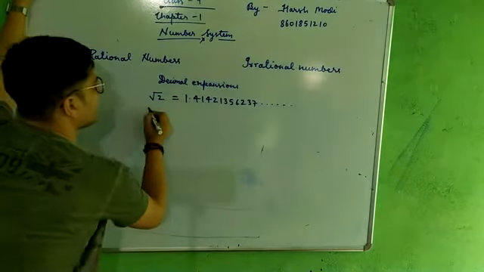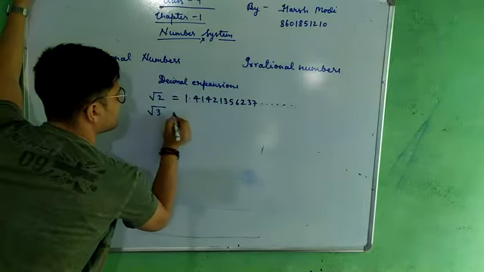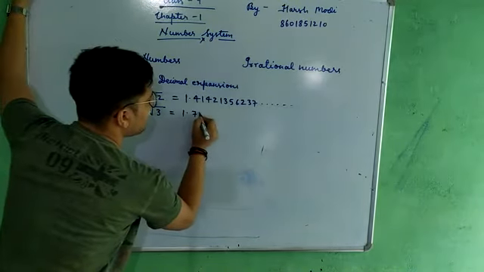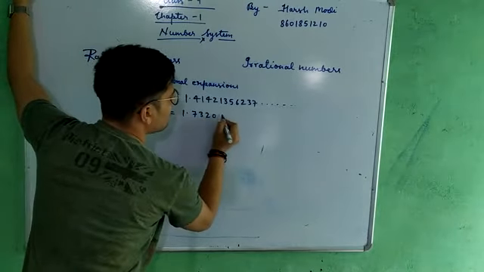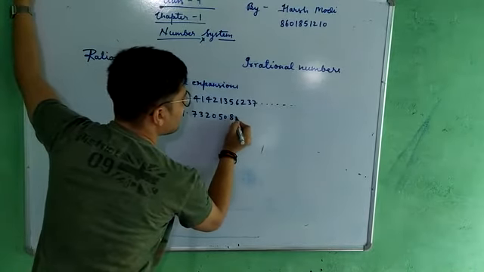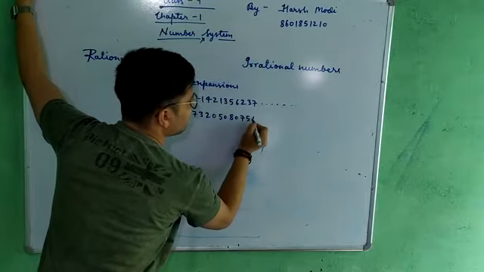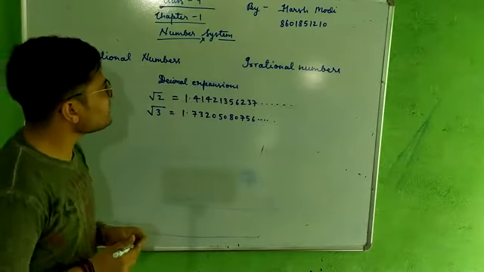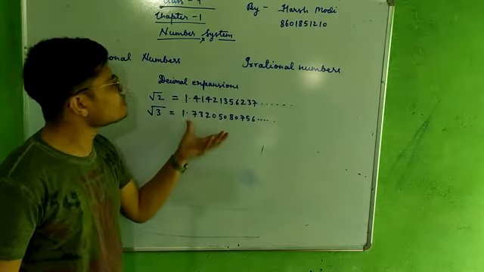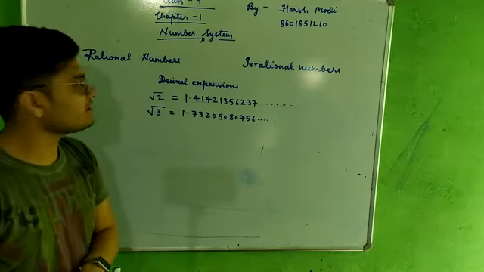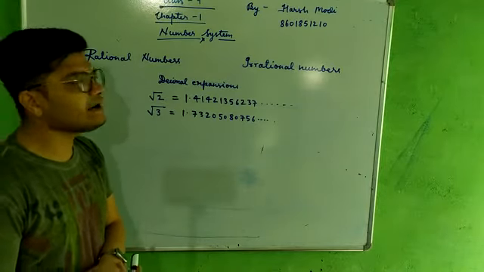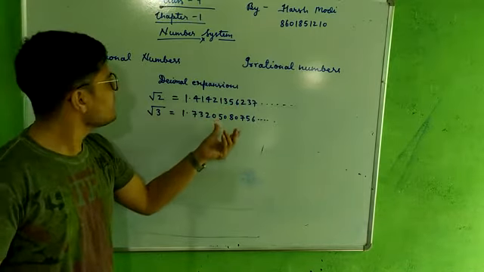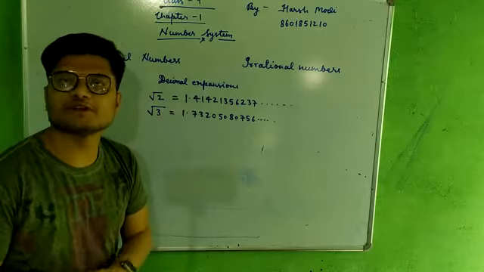In the same manner, the decimal expansion of root 3 is 1.732050807756. What you see in these two decimal expansions is that we do not have any recurring or repeating numbers in either.